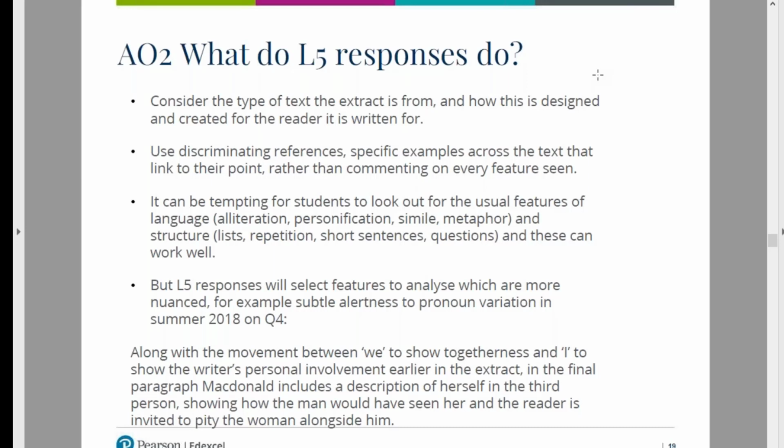So the idea of pronouns is not complex in itself, but being aware of how they might change and how that might have an impact on the reader is a more high level skill, which is more typical of level 5 responses. That was in relation to H is for Hawk again.